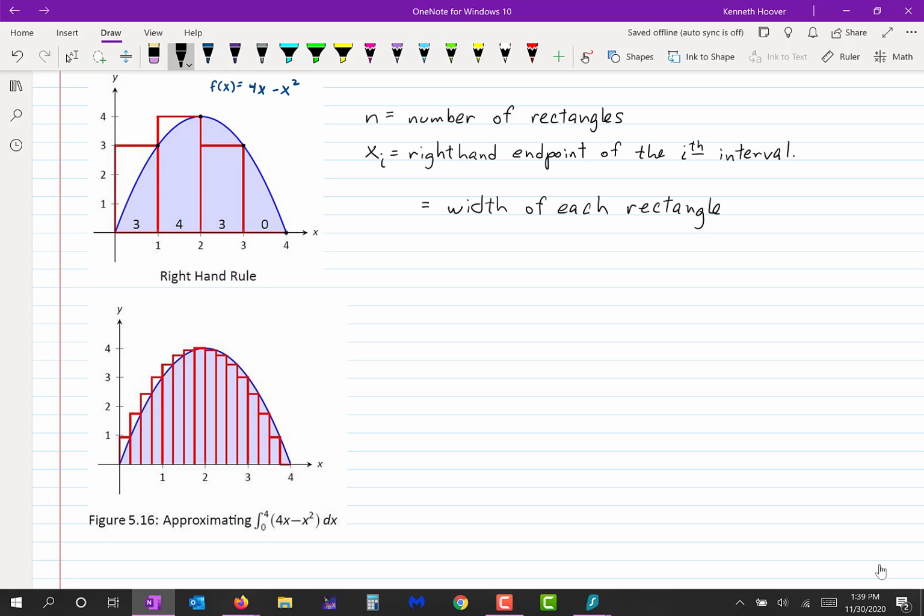Then how wide will each rectangle be? Think about it. The width of the whole picture is a width of 4, right? From 0 to 4. And we're dividing that up into n rectangles. Then the width of each rectangle would be 4 divided by n. Does that make sense? So in the top picture, we divided into 4 rectangles, so each rectangle had a width of 1.